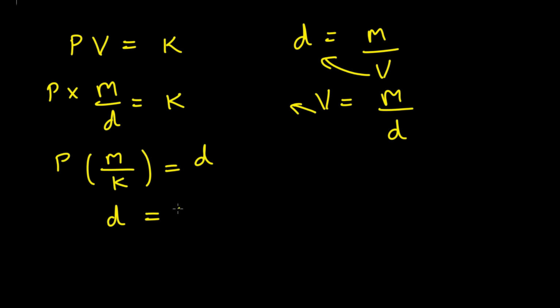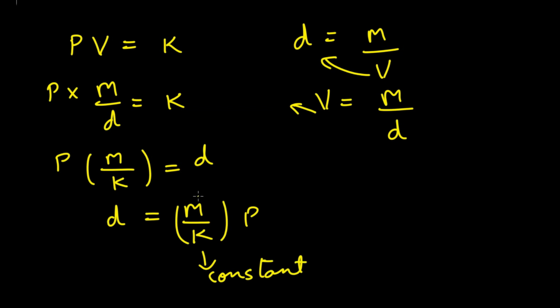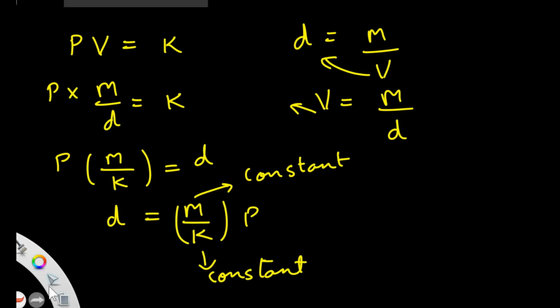D equals m by K into P. Now K is a constant, you know that, but there is something else, the mass of a given body is always constant. So there are two constants in front of us. One second, let's move the page a little bit.